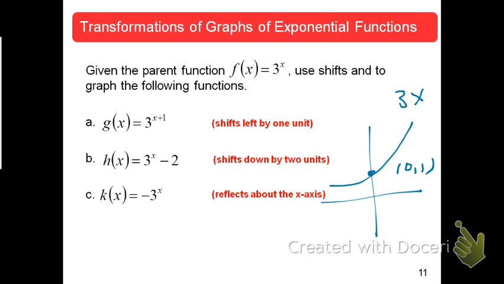If we have a reflection about the x-axis, then this point becomes (0, -1), and our new graph will look like this. So this is negative 3 to the x. It's a reflection about the x-axis.